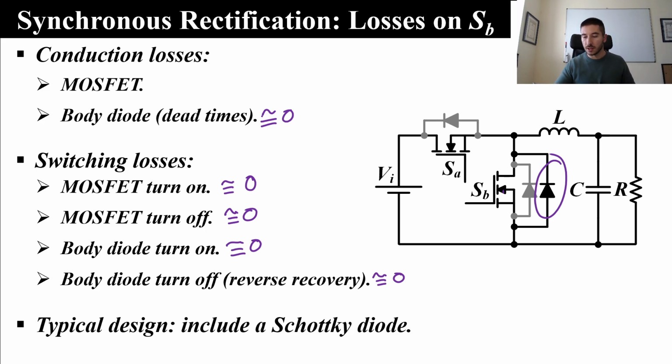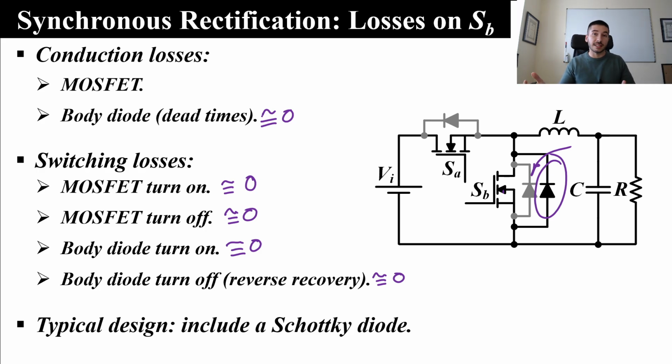Why do we do this? Because in general the body diode of a MOSFET is a very bad diode in terms of conduction losses, and especially in terms of reverse recovery. So in order to minimize the impact of that body diode on the main switch, we include the Schottky diode, because we know that the Schottky diode is very good in terms of reverse recovery.